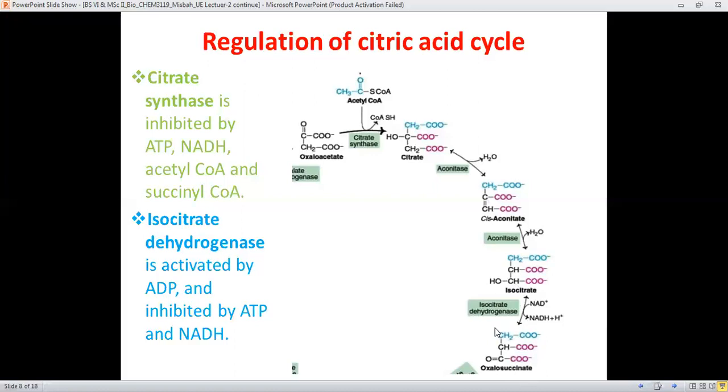oxalosuccinate, and this isocitrate dehydrogenase is activated by ADP.